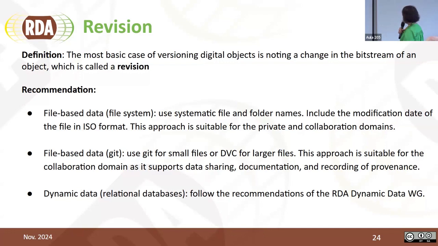The recommendation is also for file-based data. For more advanced users, you can use Git to track the changes. Git works for small files, and then there is data versioning control, an application for larger files.